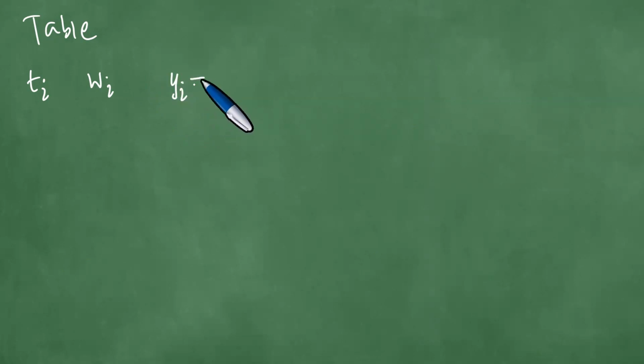So now there is a table. And this table here is going to have the Ti values, and then it's also going to have the W's. And then it is also going to have the Yi's, where Y sub i is the same as Y of Ti.